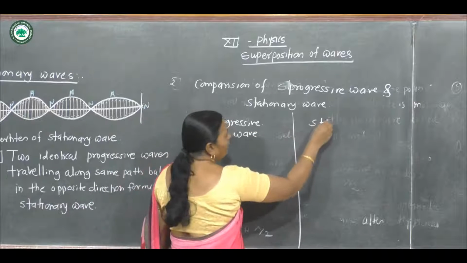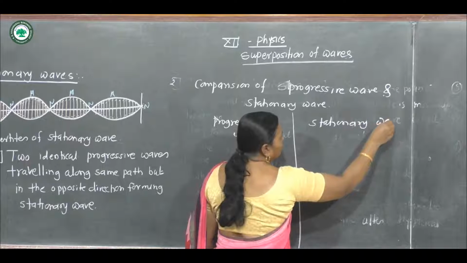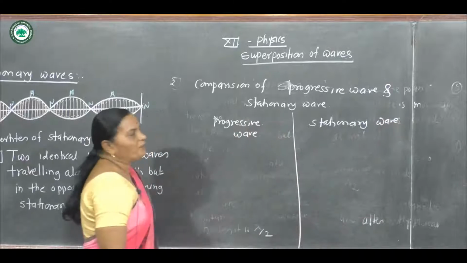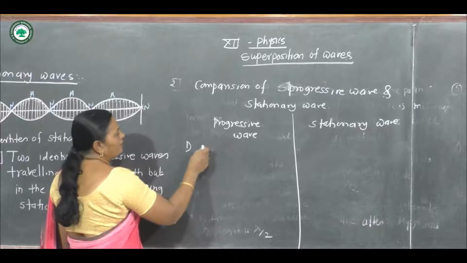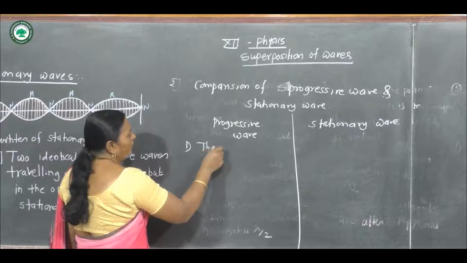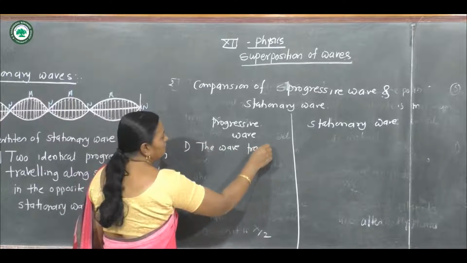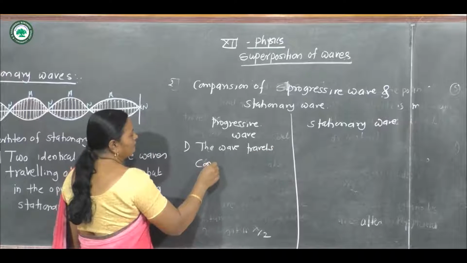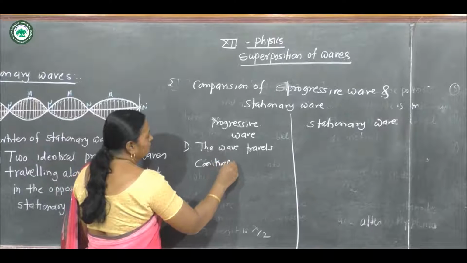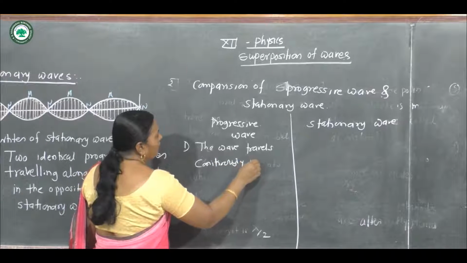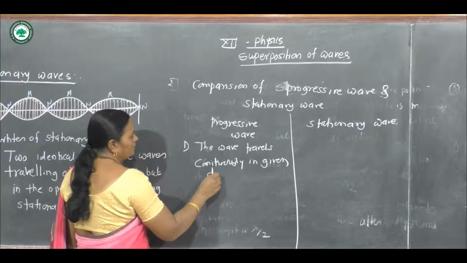The progressive wave is a wave traveling continuously in a given direction.